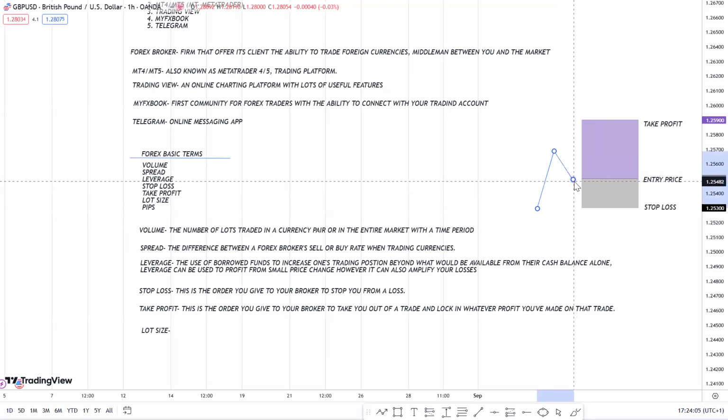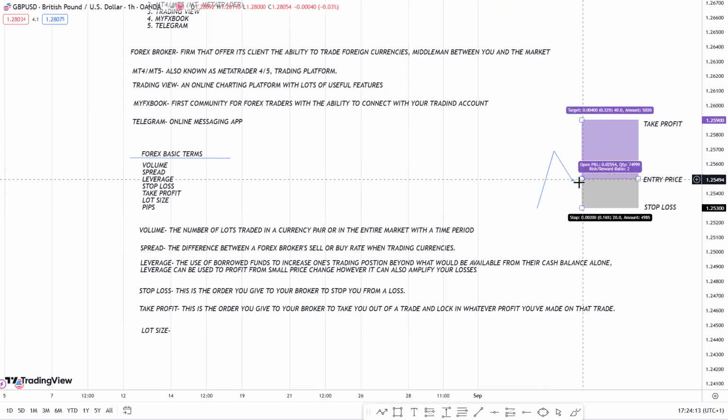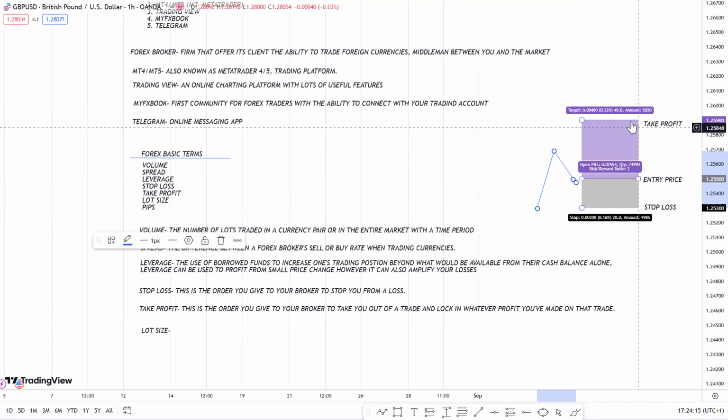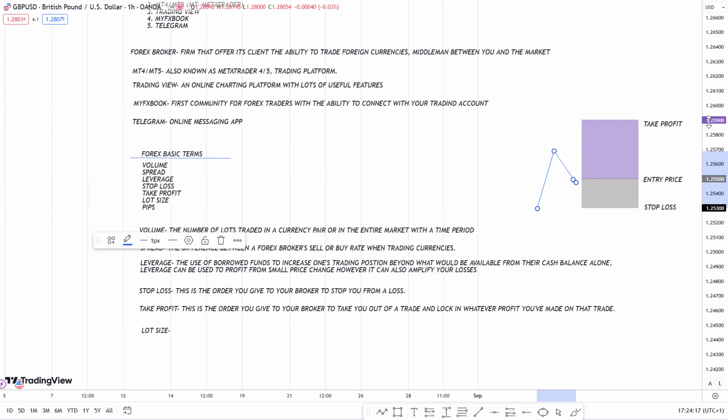So we are going to close that trade and probably trade another day where we see a good trading opportunity in the market. But if I give a take profit number and tell you to set your take profit as 1.25900, as it is right here, once price gets to this take profit, we are going to get out of the market with the profit we've made. I believe you understand that right now.